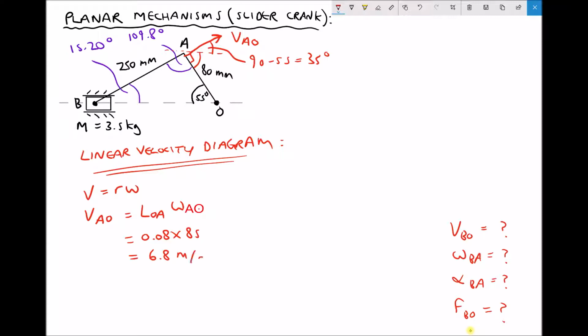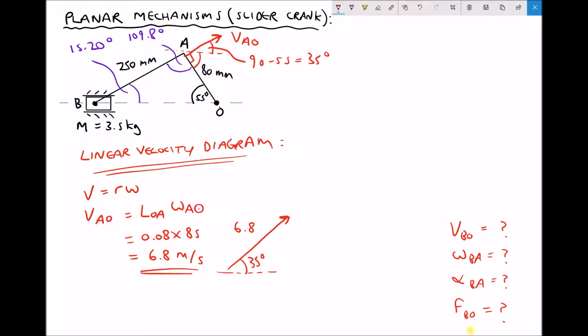And it's meters per second because it's a linear velocity. So for our sketch then, we need VAO at an angle of 35 degrees with a length of 6.8.